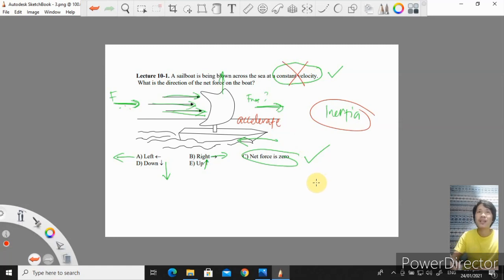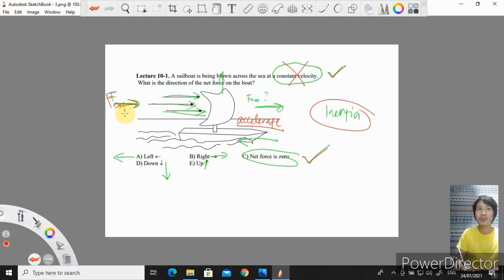I hope you got that. As long as the velocity is constant, the net force is always equal to 0. When the velocity is no longer constant, when it is accelerating, when it suddenly speeds up, you already have a net external force, and it will be in this direction. If the wind pushing the boat is stronger than the friction underneath, then there will be a net external force.